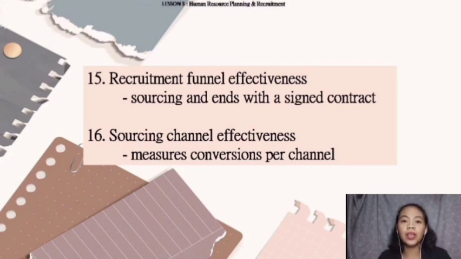Number 16, sourcing channel effectiveness. This is the metric which measures the conversions per channel that the organization uses. A simple way to do this is by using Google Analytics to track where the people who viewed the job opening on your website actually came from.